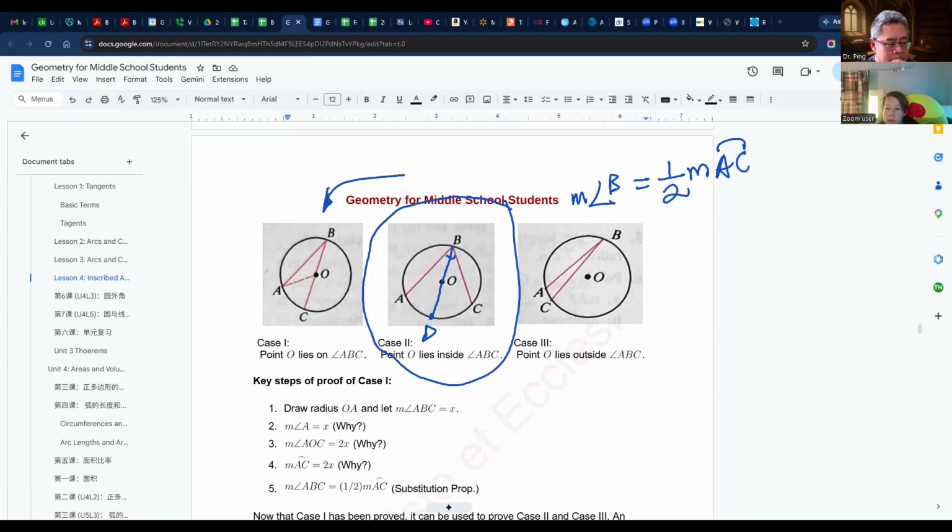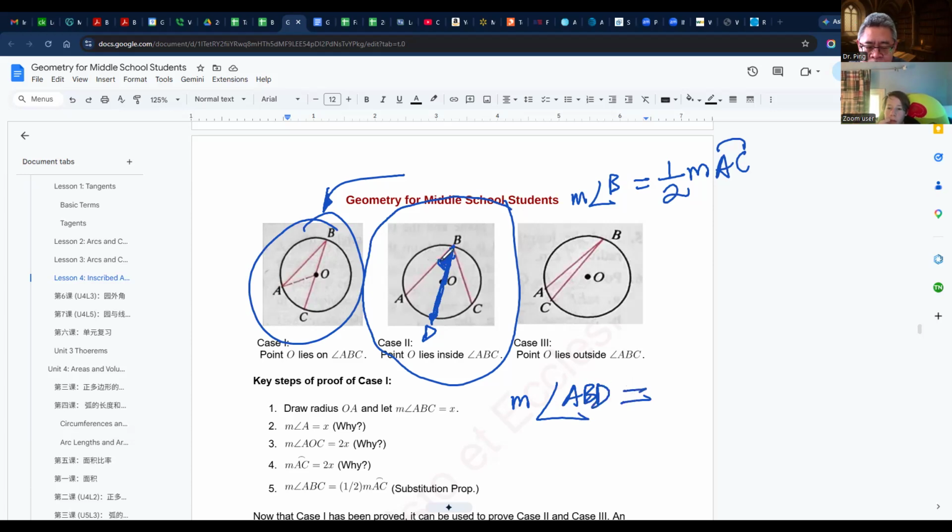Need help? Yeah. So basically, we're going to cut. You can see that if we draw like this, we cut this into two parts. But based on this, now we know this side, let's call that the measure of angle ABD.